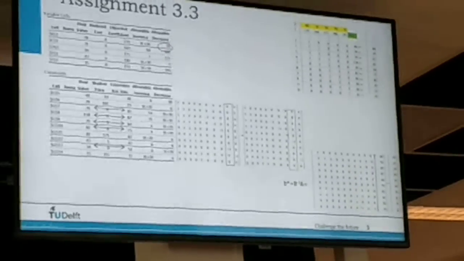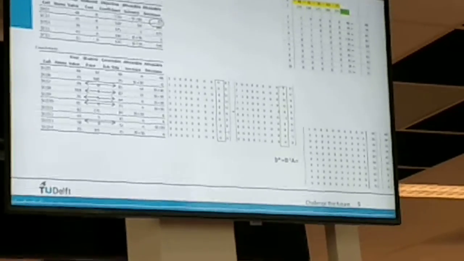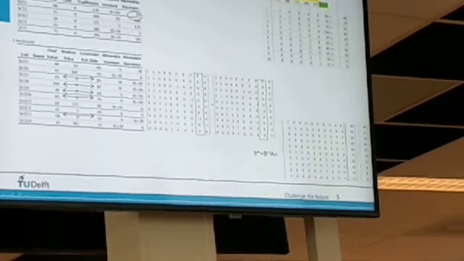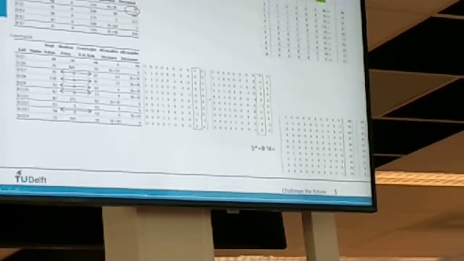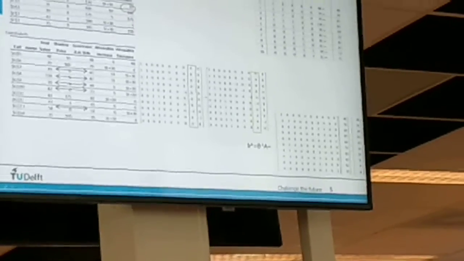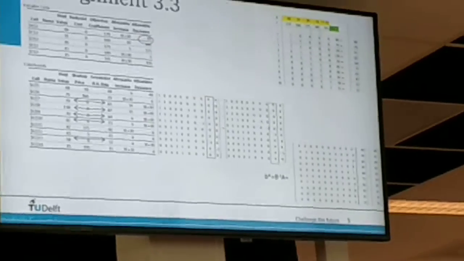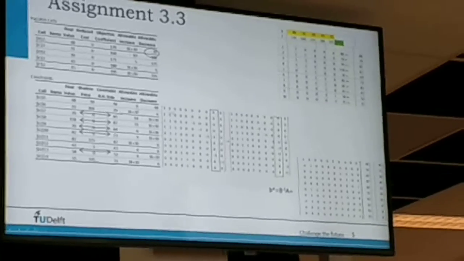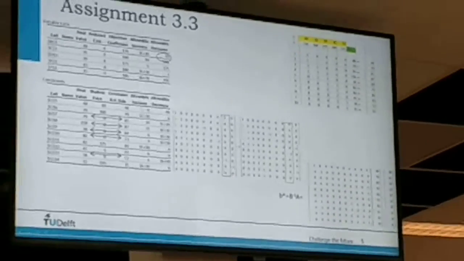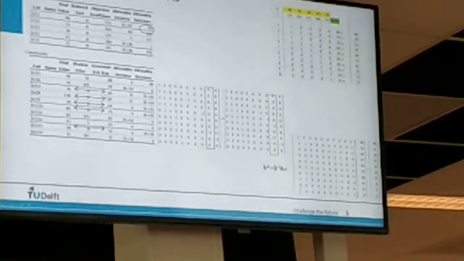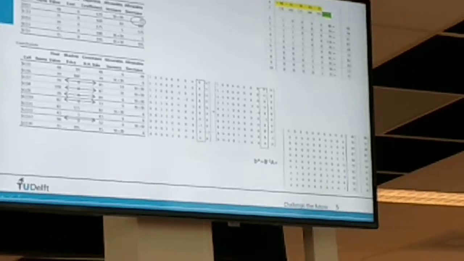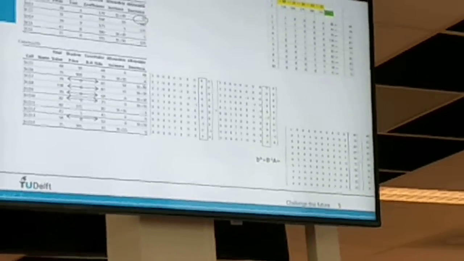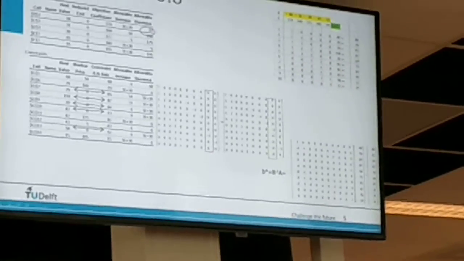Now, if we recalculate our B star, we just multiply it by B, and then we get this matrix. If we look carefully, we'll see the values coming back. For the basic variables, we'll have our right-hand sides, so we'll actually have our shadow prices.